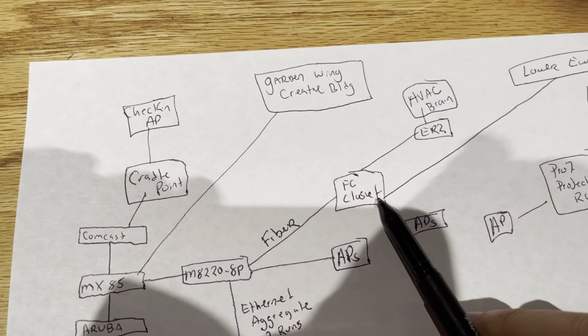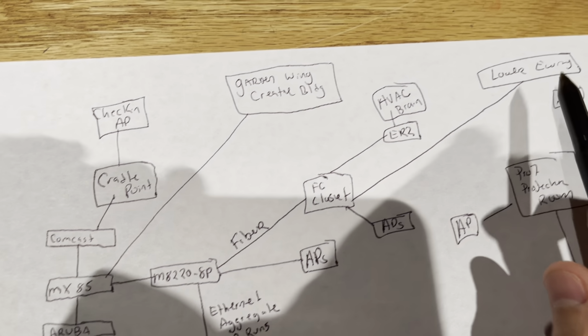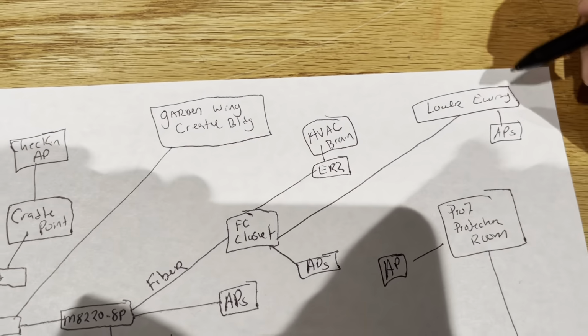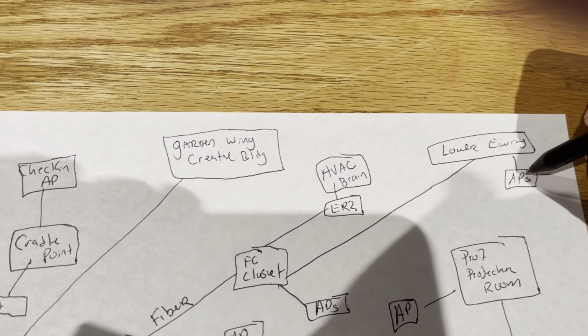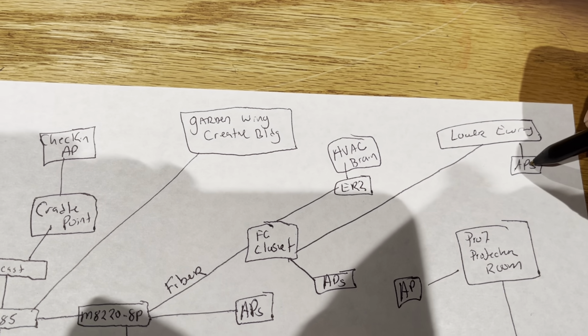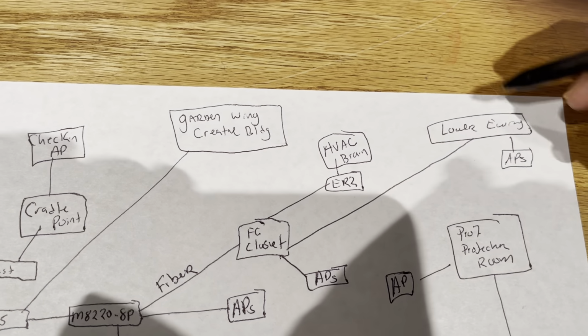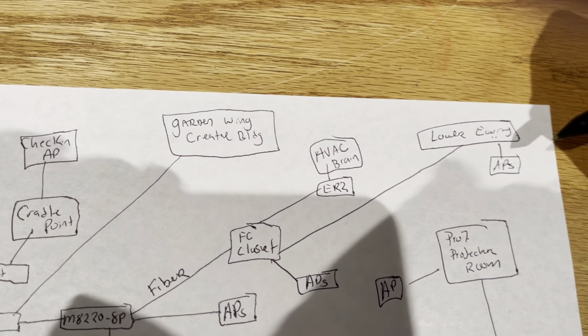There's also another connection. It's an Ethernet run that goes into the lower E-wing. And this is the room that they call the confessionals, I've heard. So the lower E-wing has a switch in there. There is an AP that is in the resource room in the lower E, and then in the Noah's Ark room, as it's called, there's an AP that's up there. And those connections actually go back to this lower E-wing.